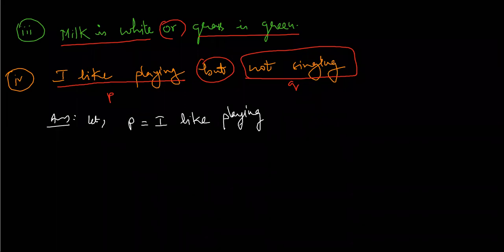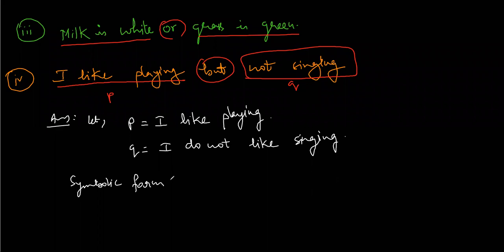And Q is "I do not like singing". So the symbolic form will be P and Q.